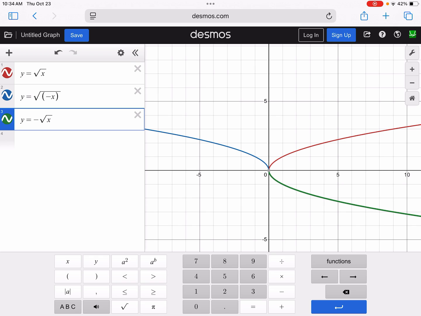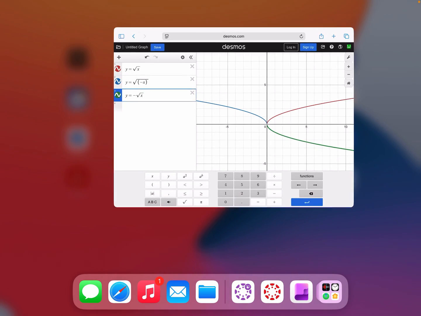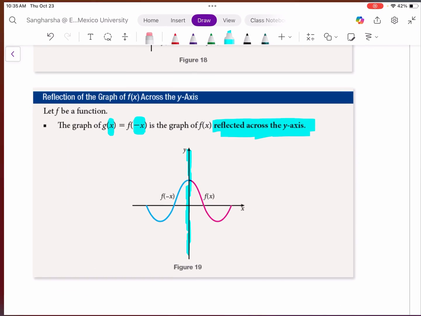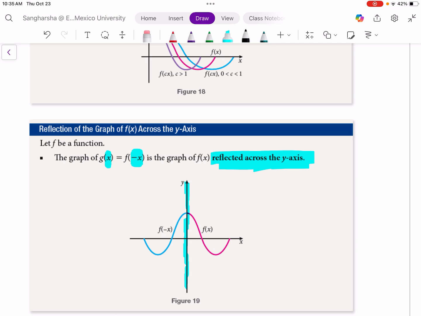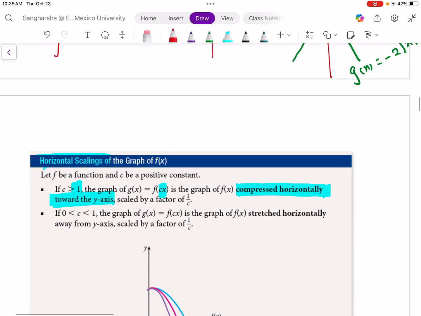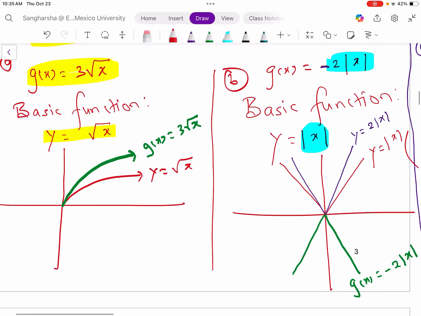This transformation will be given to you. You do not need to memorize. These are the transformations, and it's okay if you skip some of them. At least I want you to know that replacing x of a function by negative x means we are reflecting across the y-axis. You can ignore horizontal scaling.